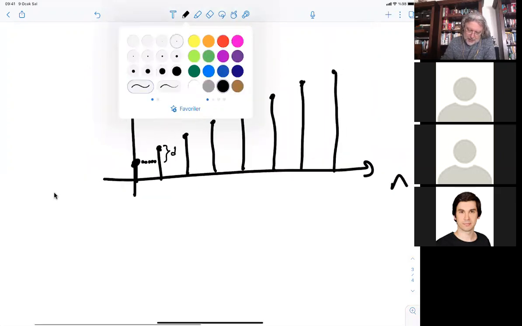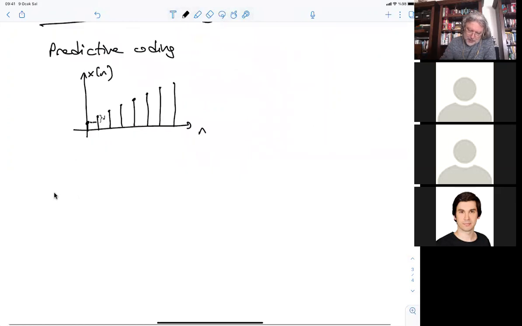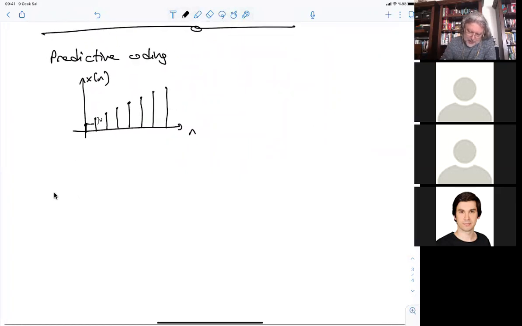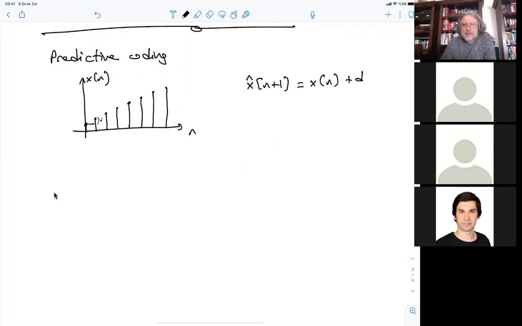Now let's come back. And then we can say that for every x of n plus 1 as a prediction, I can say that it is essentially x of n plus D. So this may be my prediction, or another alternative of x hat of n plus 1, which is not equally efficient because it's not predicting very well, but it is still a prediction, could be x of n itself.